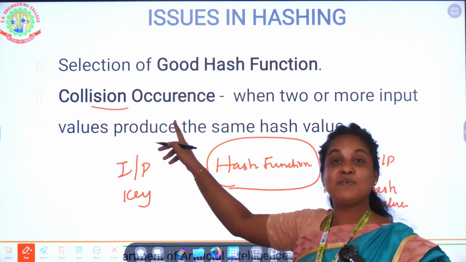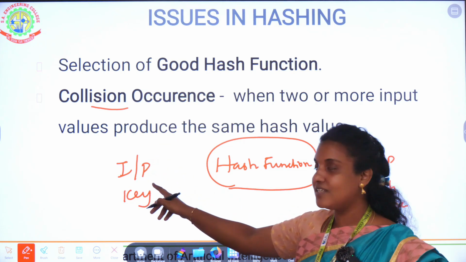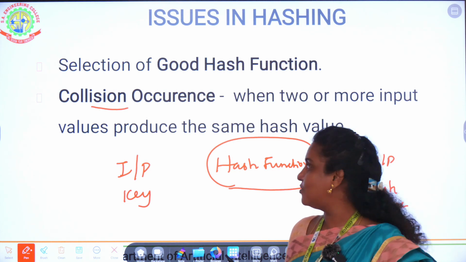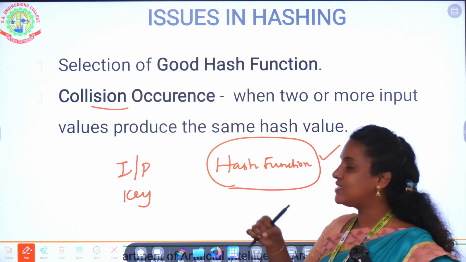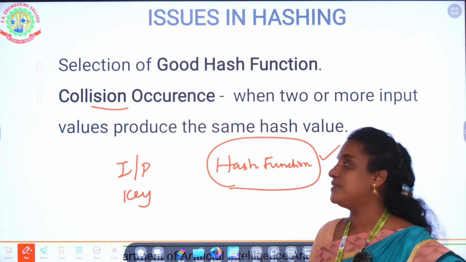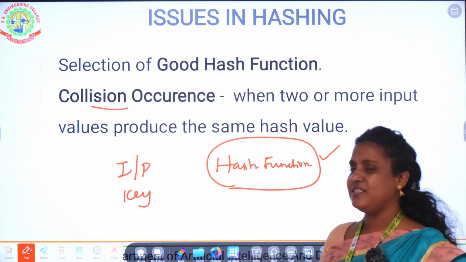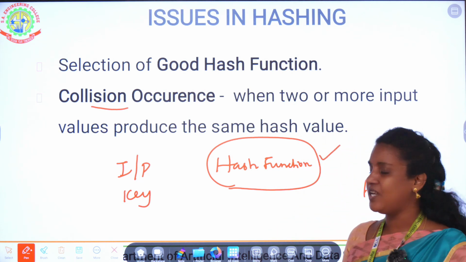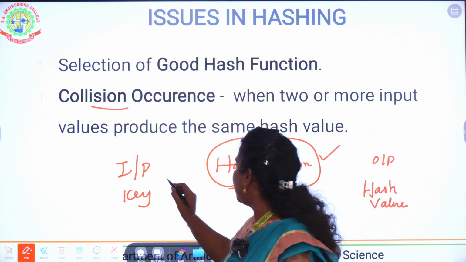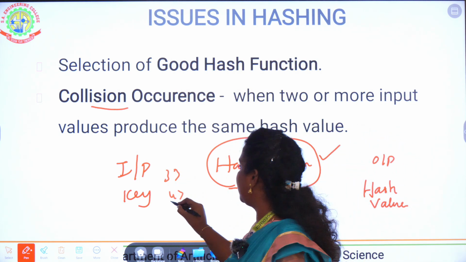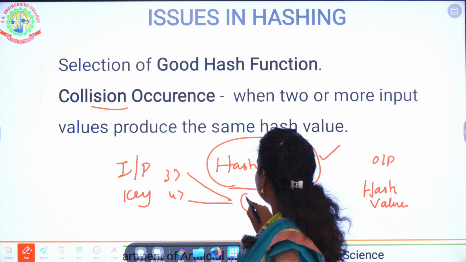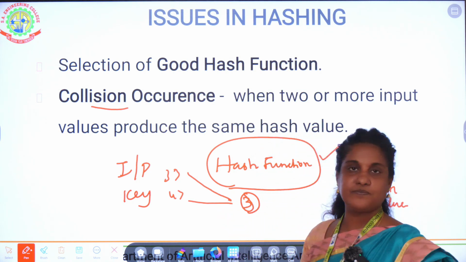Don't worry about this term collision. I will tell you a little later, after 2 or 3 slides, what collision is and how it occurs with an example. Collision is nothing but when 2 or more key values have the same hash value. For example, 33 and 43 both represent the same hash value, say 3.